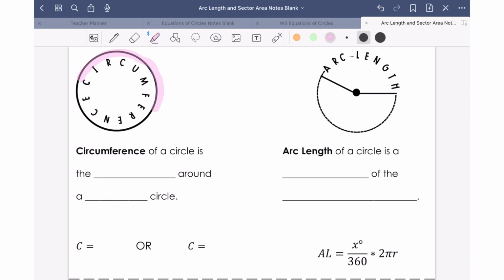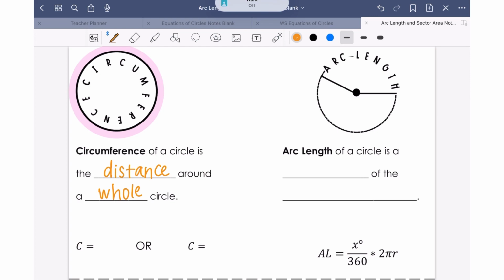Circumference is something that you may have learned in 7th grade or 8th grade, but it is the distance around a whole circle. When we talk about distance, we're thinking of measurements like centimeters, millimeters, inches, yards, meters, that type of thing.